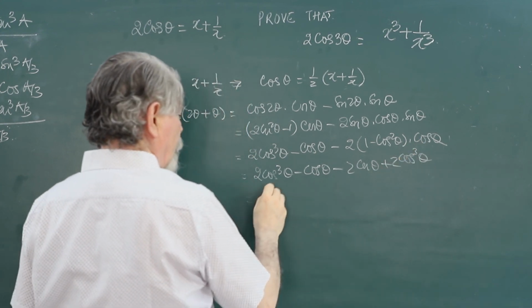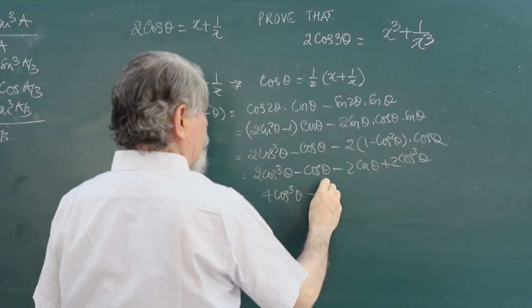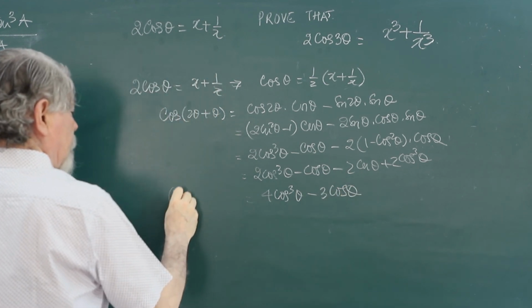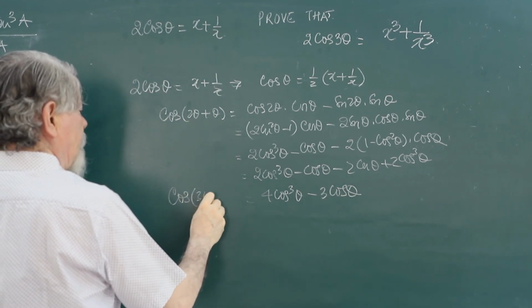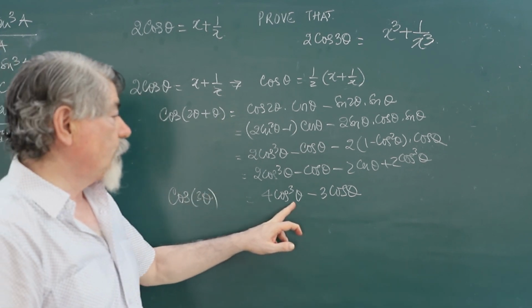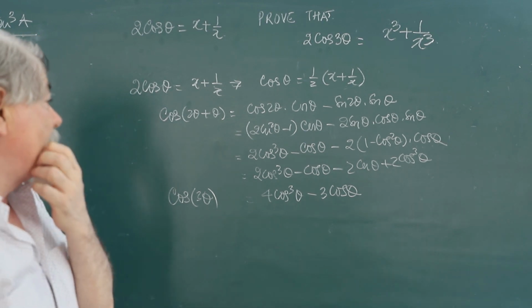That will become 4 cos cube theta minus 3 cos theta. You could directly write this formula, there is no problem. Cos 3 theta is equal to 4 cos cube theta minus 3 cos theta. You should remember it and write it directly.